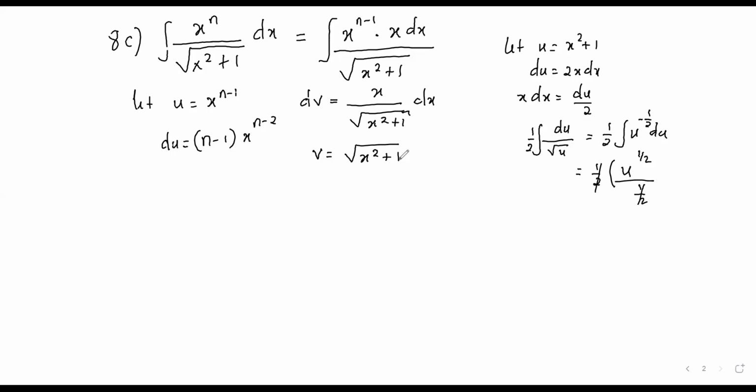So we're saying if we put this in, now this guy is equal to uv, which is x to the n minus 1 root of x squared plus 1 minus n minus 1 integral of x to the n minus 2 root x squared plus 1 dx.